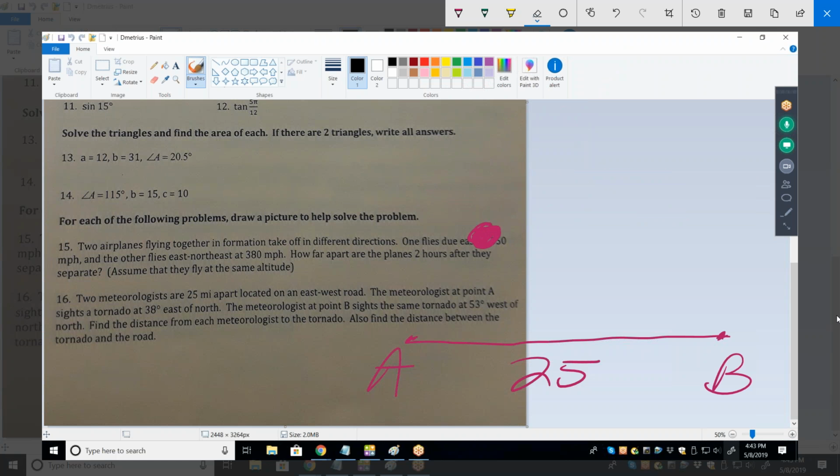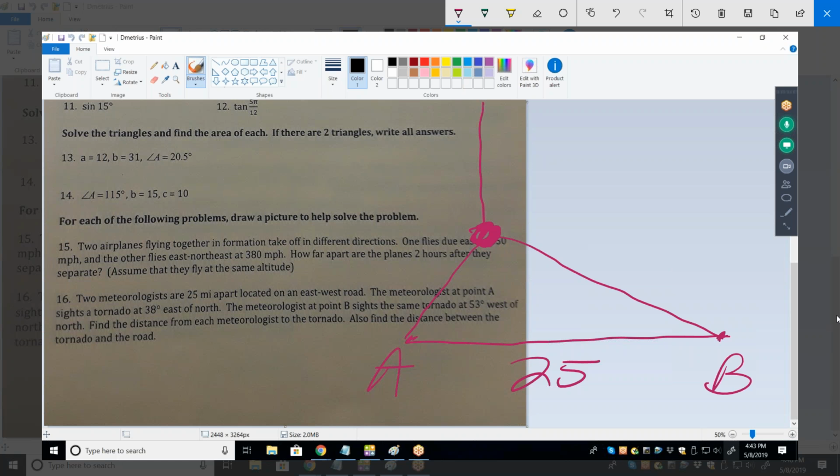Now, if I draw a line to the first meteorologist, that's 38 degrees east of north. And if I draw a line from the other meteorologist, that is 53 degrees west of north. Now, let's see what that means.